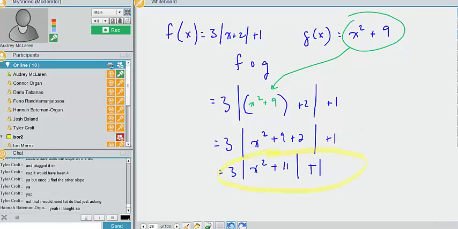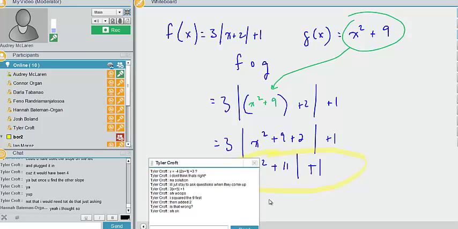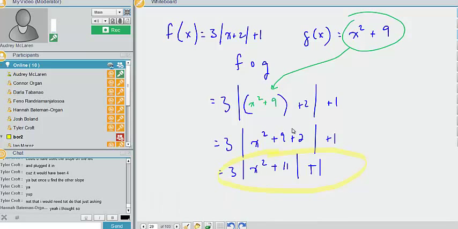Is to square the x, and then whatever you get from that, you add 9 to it. So yeah, that's about as good as this one gets.